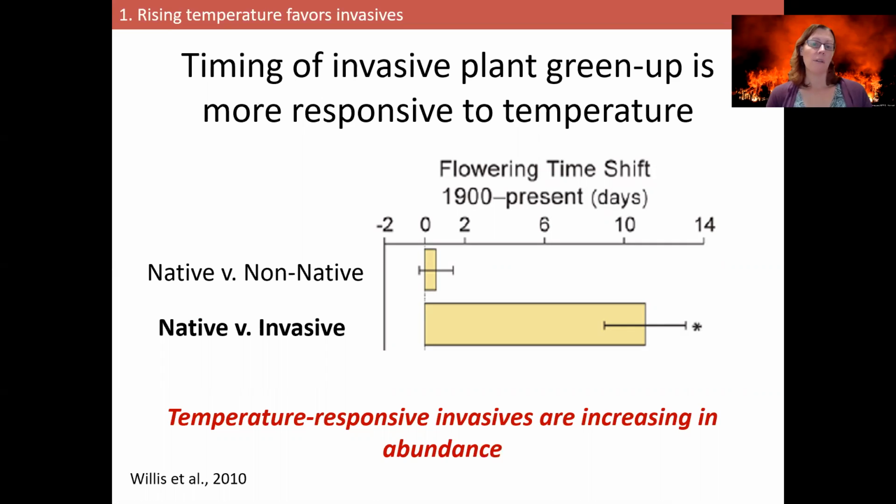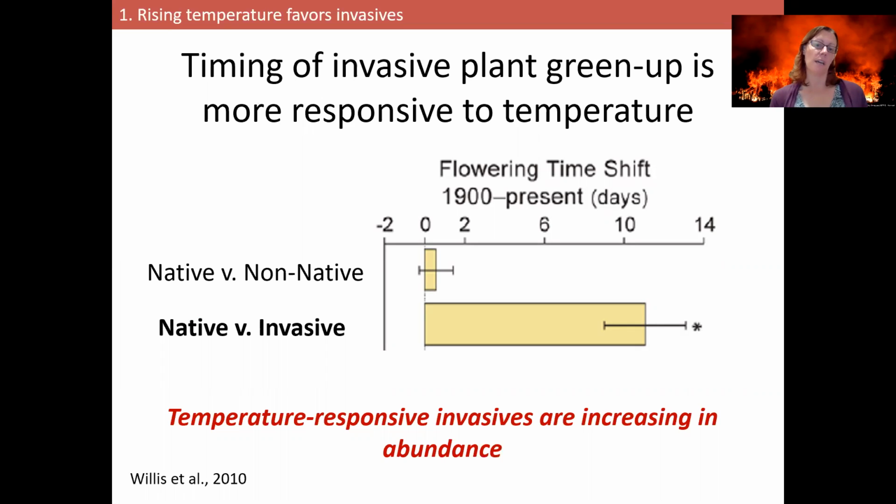And so in this study, they were able to see, has flowering time changed from the early 1900s to the early 2000s? And in which types of species has it changed? And what they found was for native species, as well as for non-native and non-invasive species, the flowering time hadn't really shifted at all.